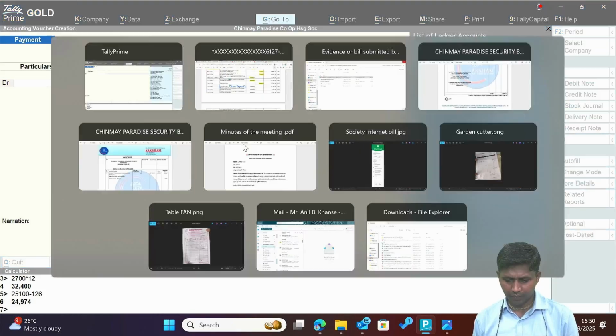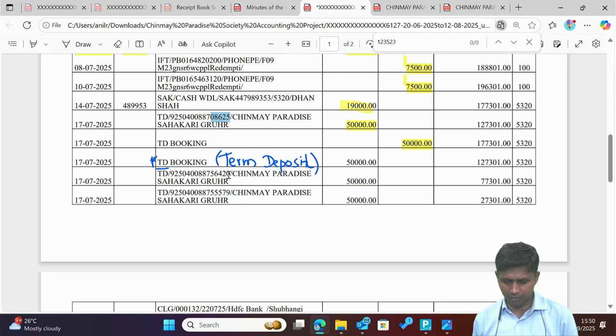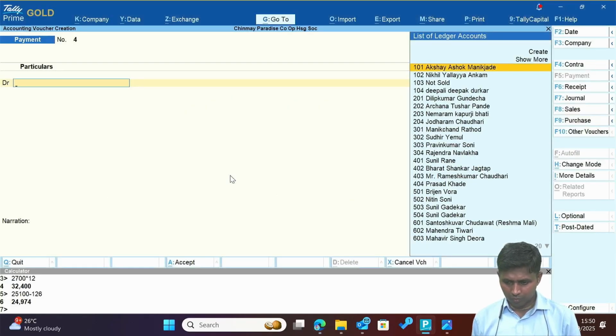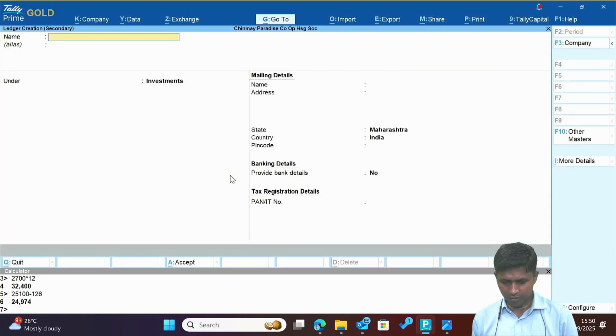Now we have three deposits. The second deposit 6420. Fortunately, all the deposits are on one date only. Whether to create only one account of fixed deposit or different?